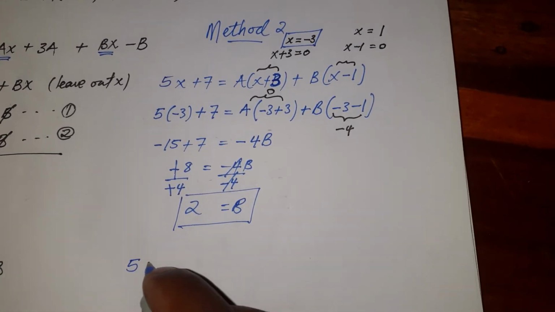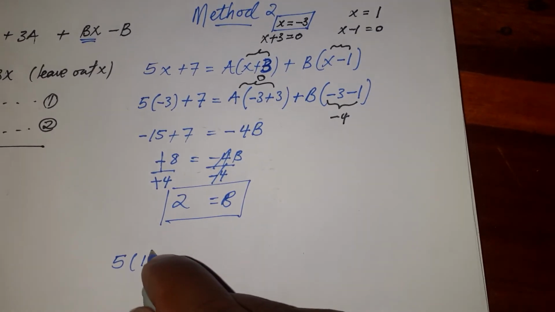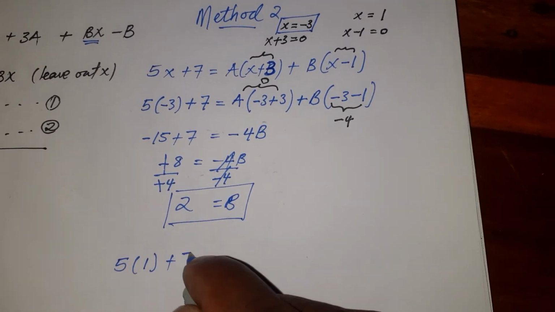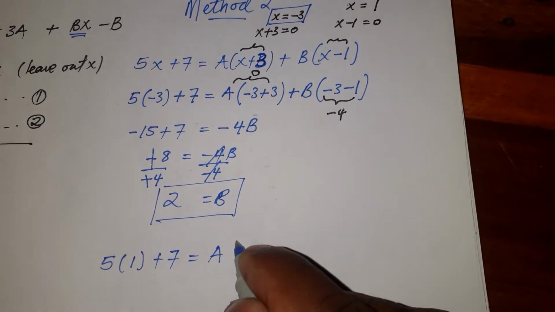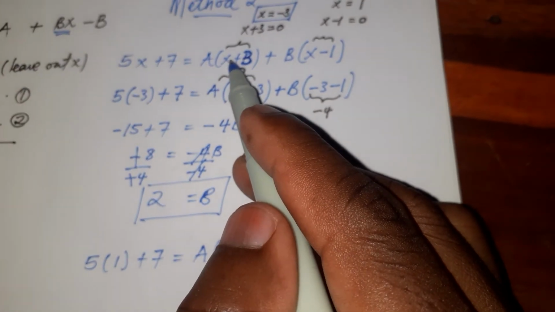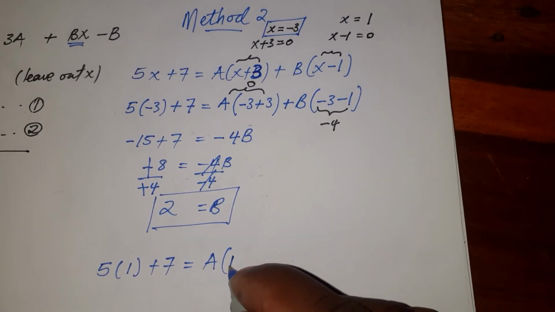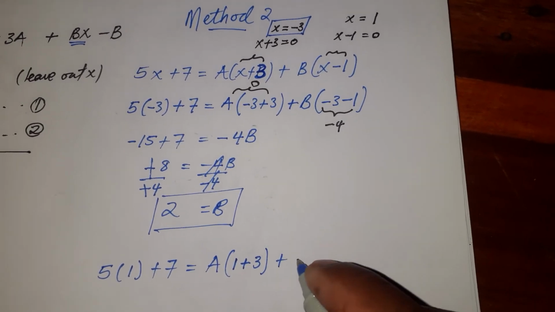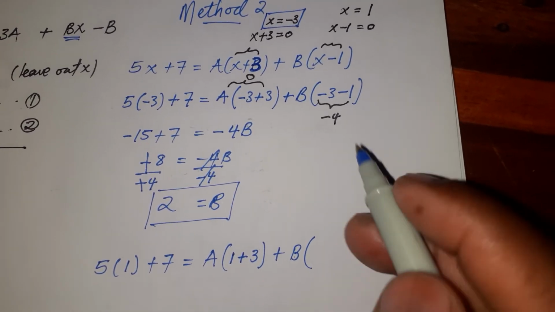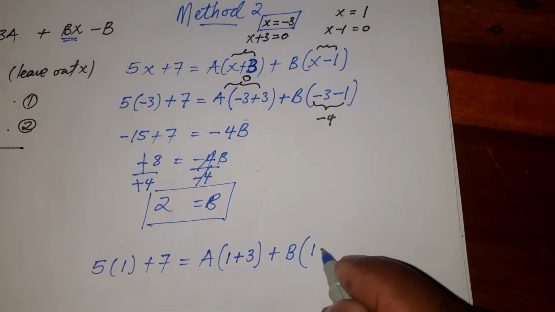We have 5, in the place of x, we now put in positive 1, plus 7 equal to a, in the place of x, we put in positive 1, 1 plus 3, plus b, in the place of x, we put in positive 1, 1 minus 1.